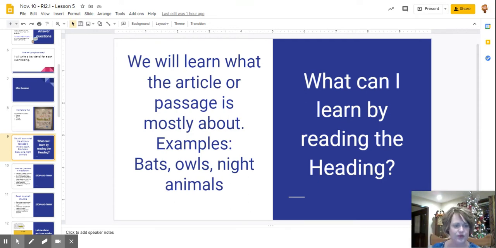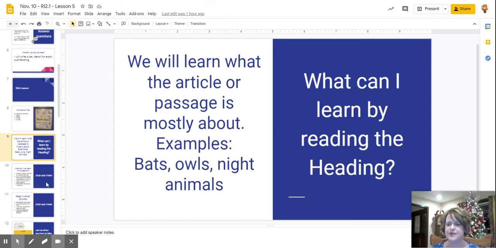And so you know that when you start reading it, it's going to be about bats or owls or night animals or whatever that title might be. So you hear me say heading and title, and we interchange those because they mean the same thing. The heading on your story or your article is the title. That's what the story is going to be about.